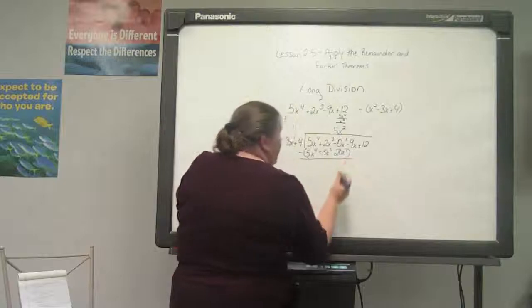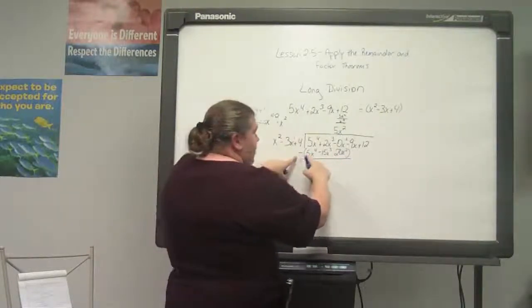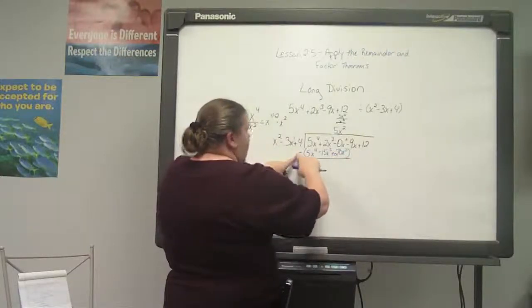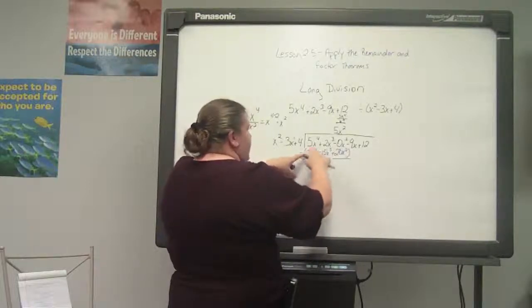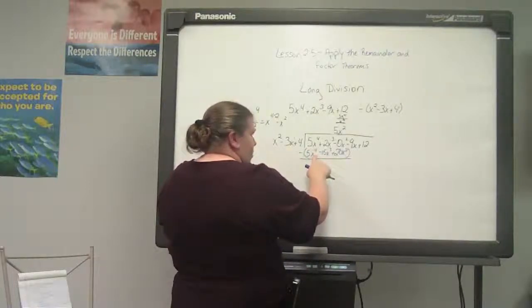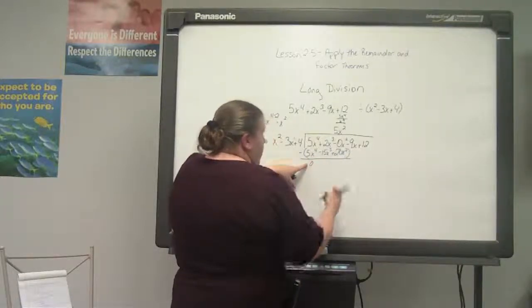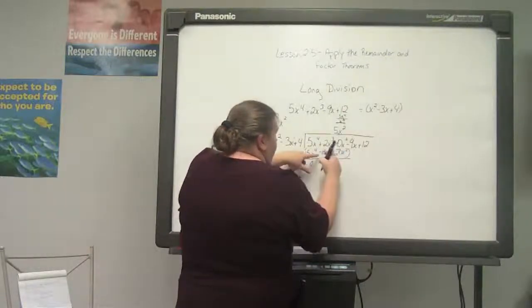And just like in a previous division, we always subtract. But because we have so much inside, we have to remember that this negative gets distributed. And so this becomes a minus 5x to the 4th, which will leave us 0. But a minus times a negative gives us a positive.